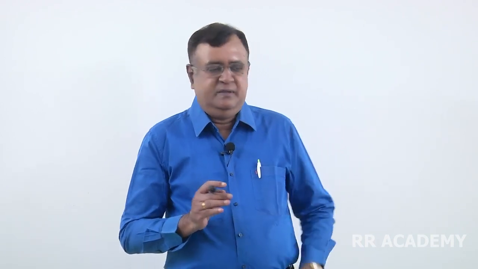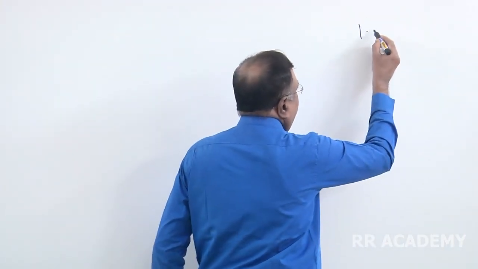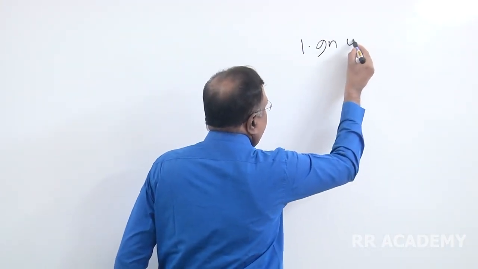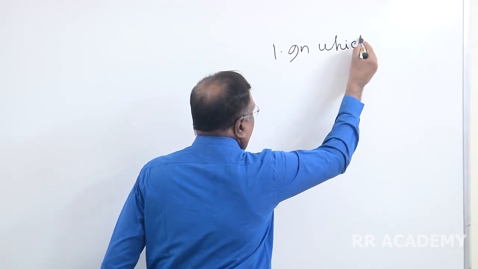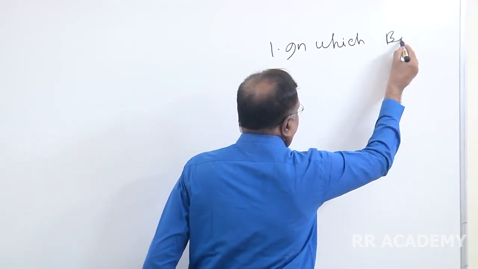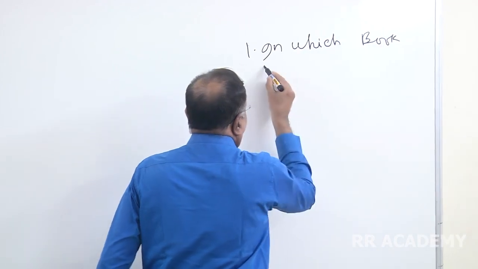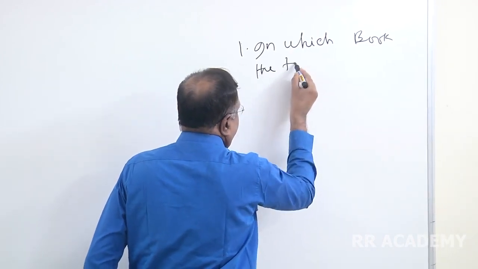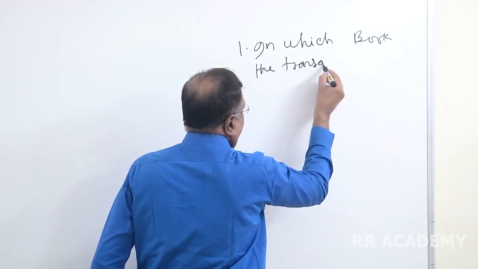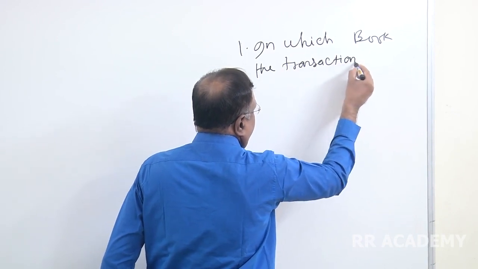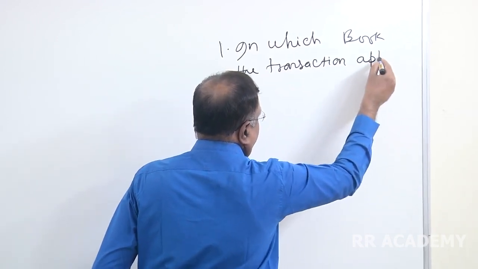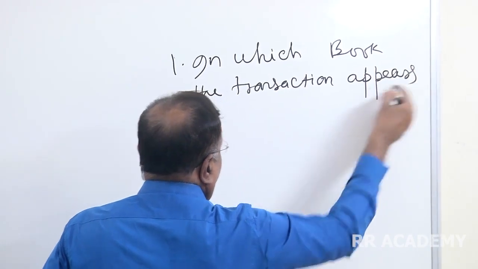Two rules. One is: in which book does the transaction appear first?